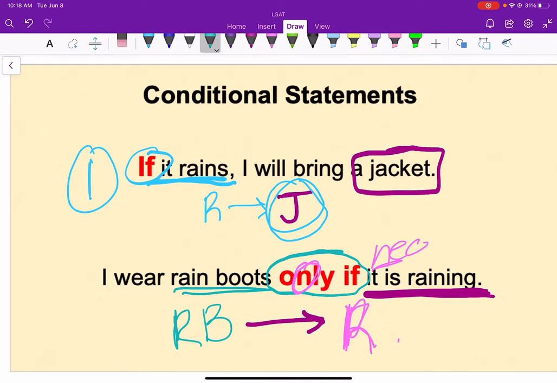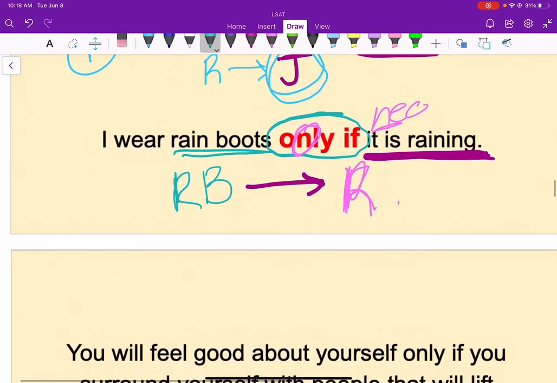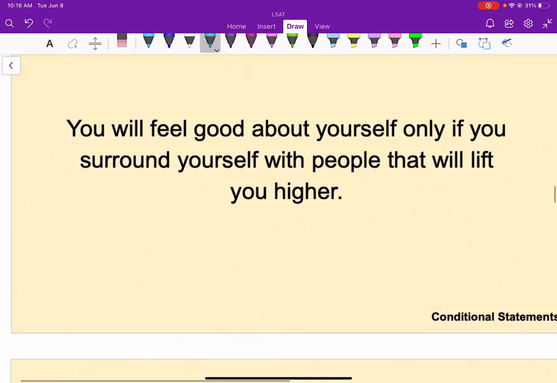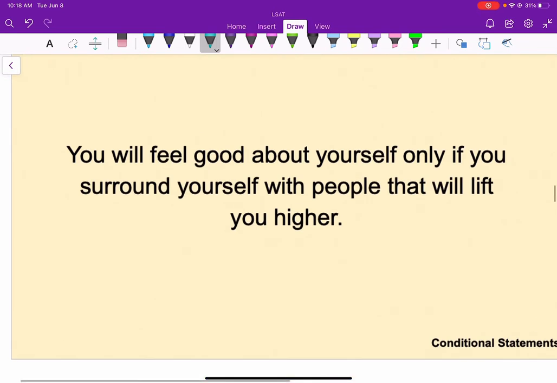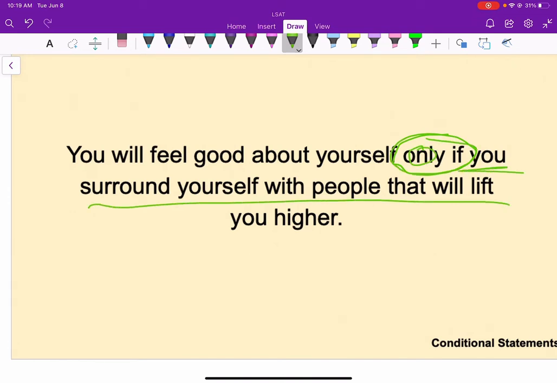So we can see the difference between these two sentences. So go ahead and try diagramming this one and see how you do. All right, did we all catch our "only if" here? And remember, "only if" has the N, so we're introducing our necessary condition. And so our necessary condition is you surround yourself with people that will lift you higher.